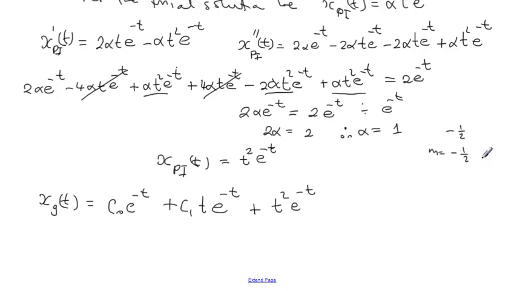In this case, this root appeared only once, and the trial solution which worked here was x pi, the function of t, equals to alpha t to the power 1 e to the power minus half t.